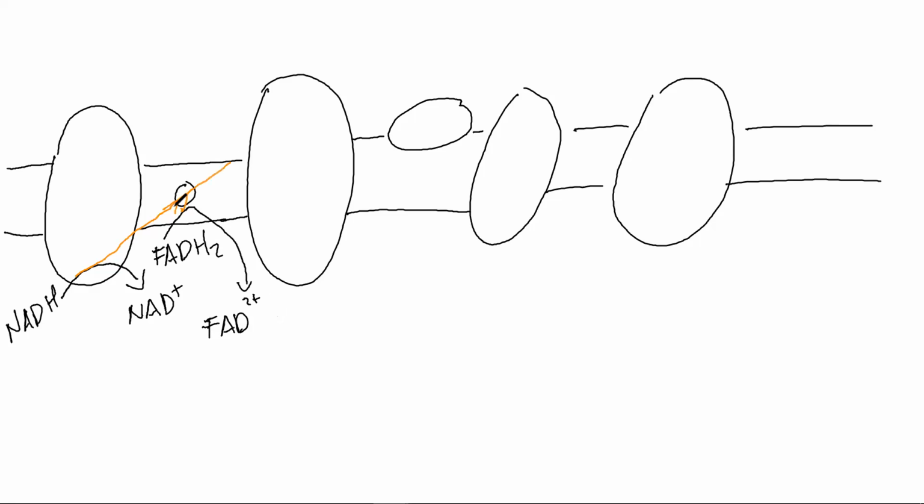These electrons will flow up through this thing, and they are going to travel down and meet H2 plus 1/2 O2, and they will meet here and produce water.